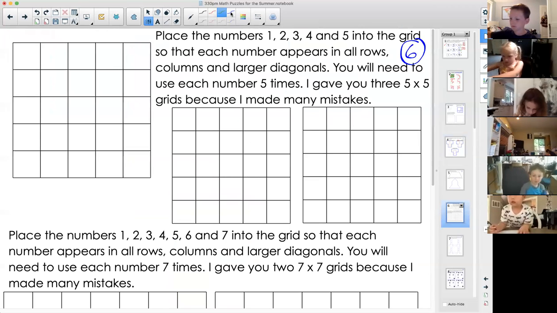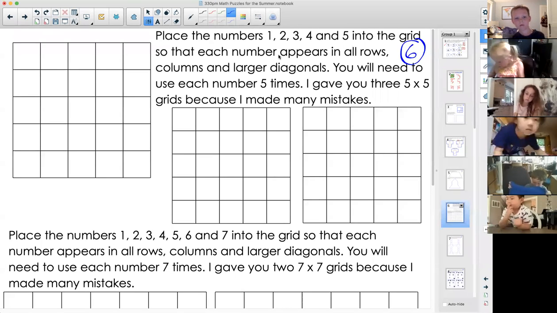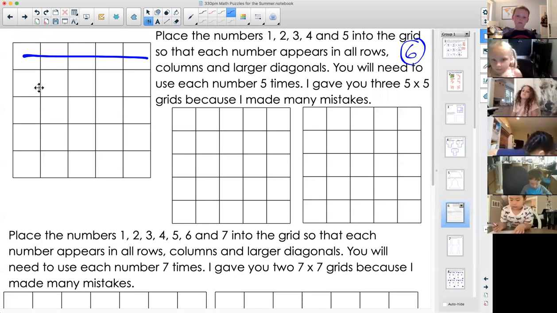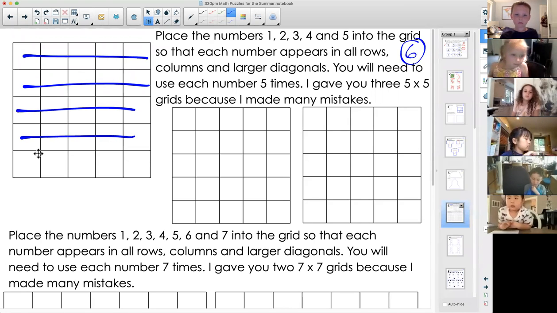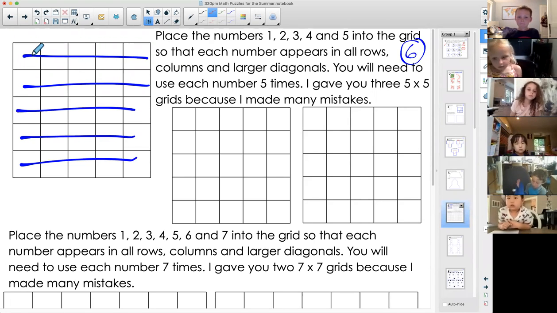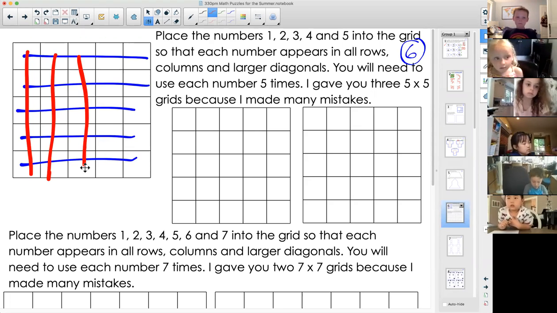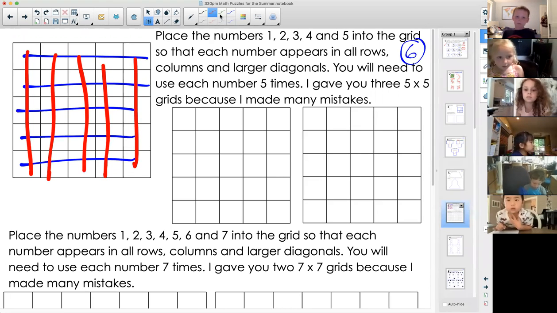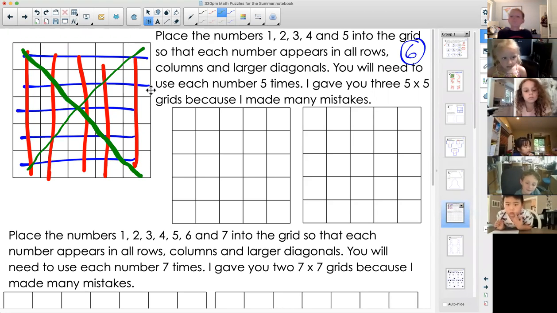We're supposed to place the numbers 1, 2, 3, 4, and 5 so that each number appears in all the rows, all the columns, and guess what? It even has to appear in each of the 2 diagonals.